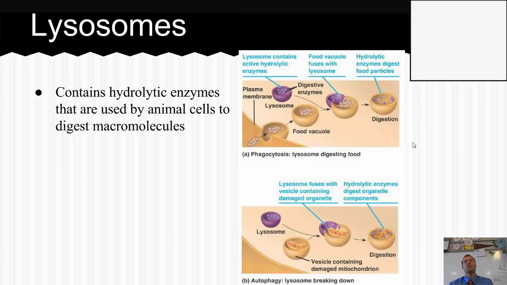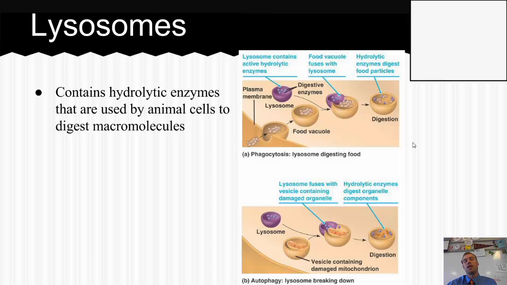We also have some other membrane-bound organelles that are a part of this system. You've got lysosomes, and lysosomes contain hydrolytic enzymes, so it just means that they use water to be basically digesting macromolecules.